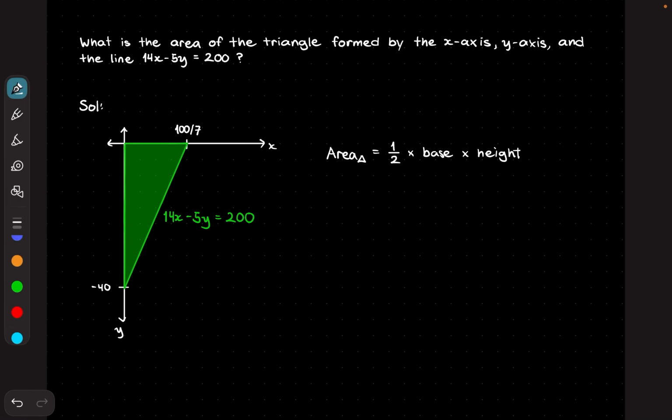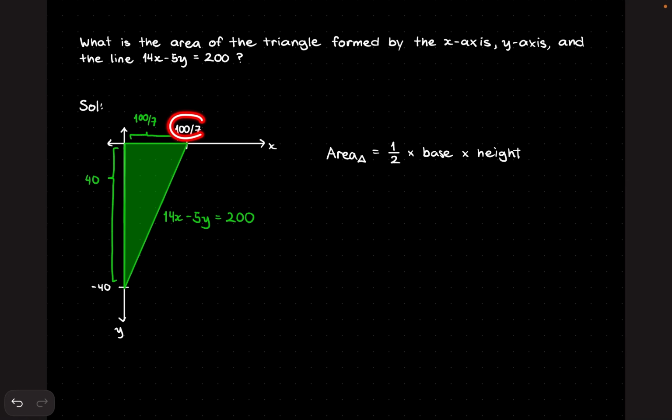So we take note of what are the measurements of this. Clearly, since this portion here represents the 0, it follows that this distance here must be given by 100 over 7, and this distance here must be given by 40. Basically, the absolute value of these.